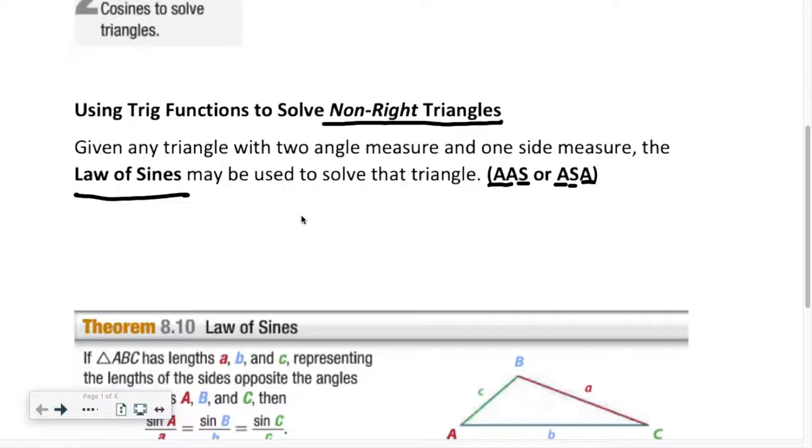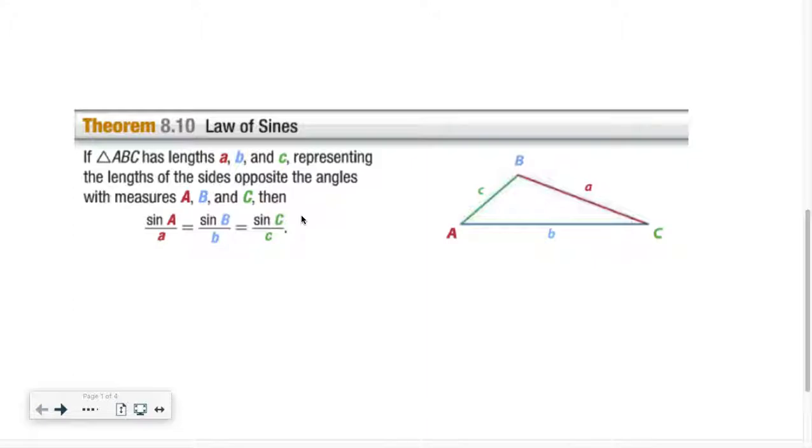So what is the law of sines? The law of sines states if triangle ABC has lengths a, b, and c representing the lengths of the sides opposite the angles with measures A, B, and C, then sine of angle A over a equals sine of angle B over b equals sine of angle C over c.